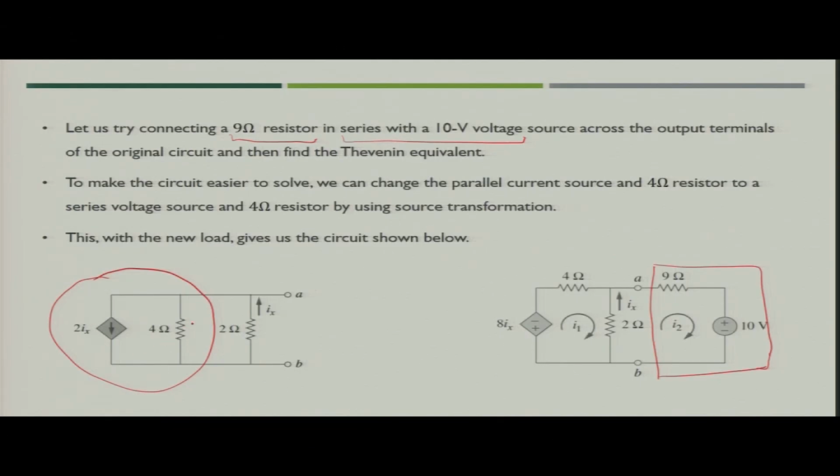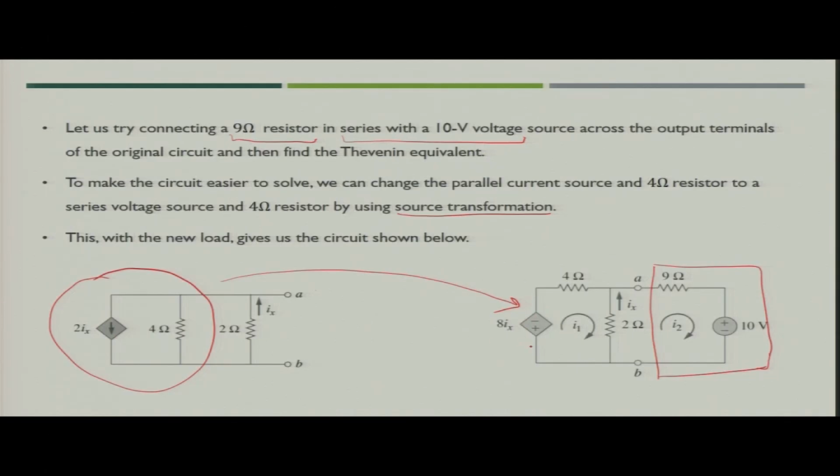You can apply source transformation, converting the current source in parallel with the 4 ohm resistance into a voltage source in series with the 4 ohm resistance, that is the source transformation technique which we studied earlier.